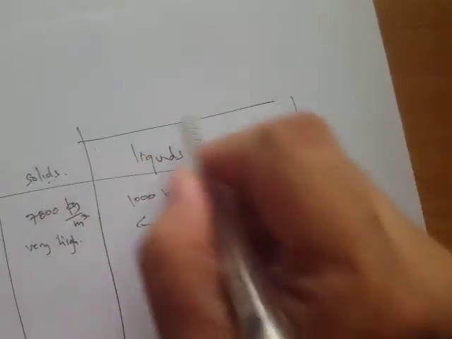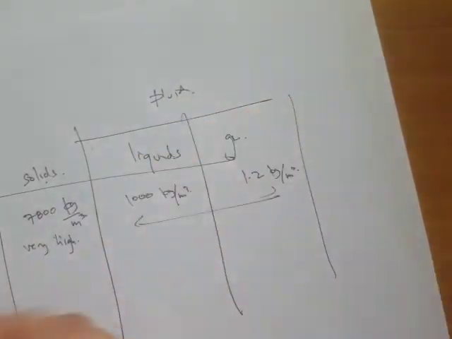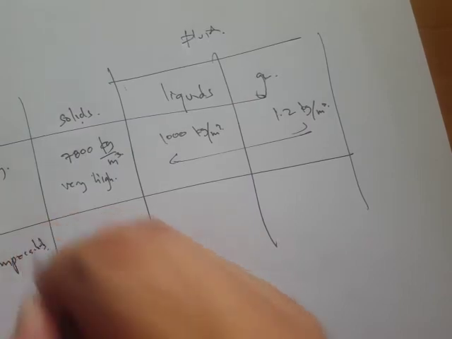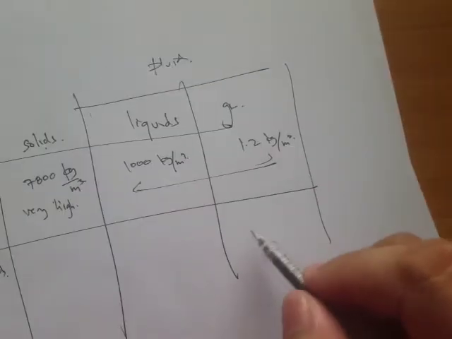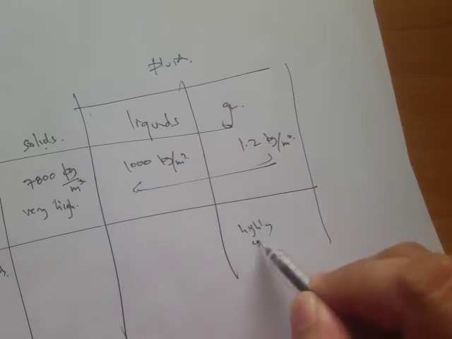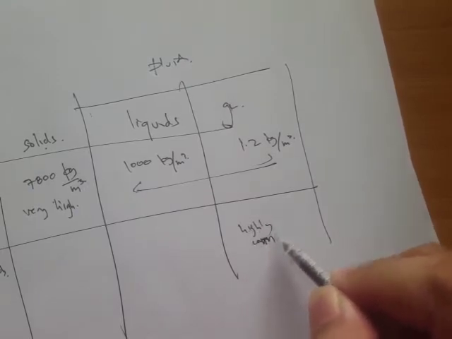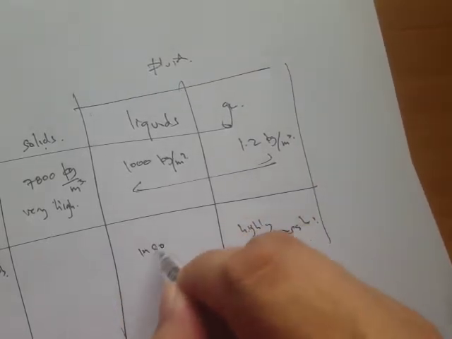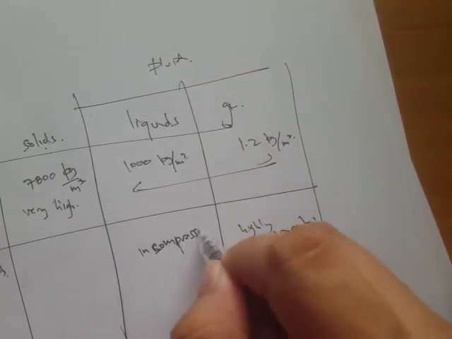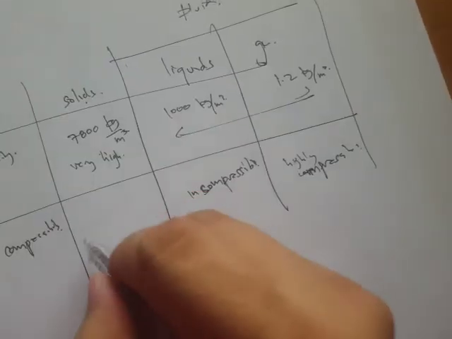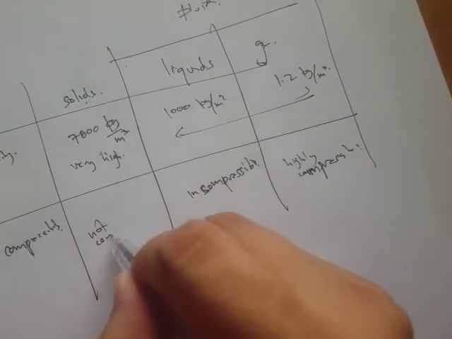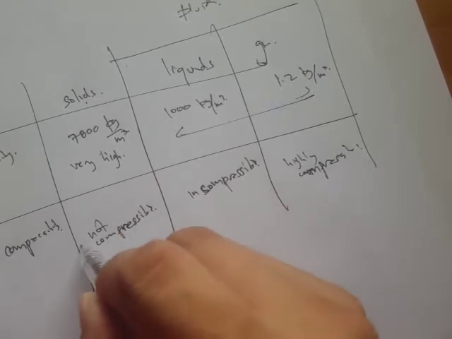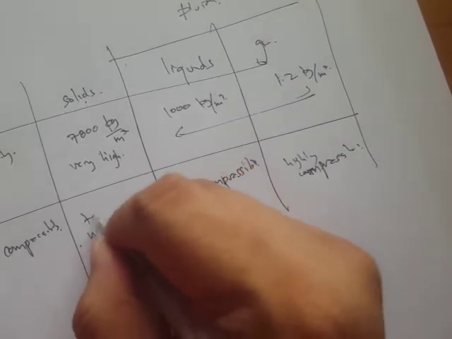Now you can also check the compressibility. This one is highly compressible, then this one is sometimes incompressible or assumed to be incompressible, and this one is also not compressible, of course, typical.